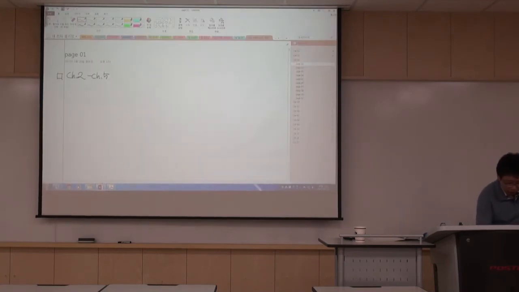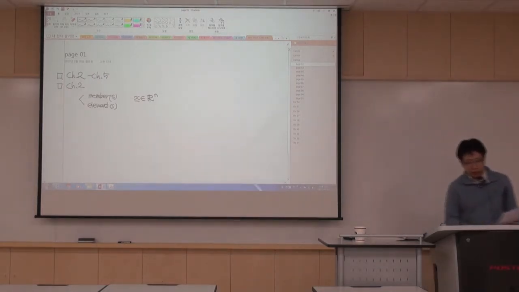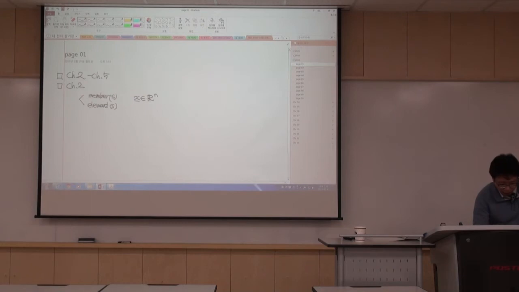But anyway, in chapter 2, you have to know the difference between member and element. Are they different? Actually, they are the same. It's like x is a member of R to the n, or x is an element of R to the n. But suppose you have a vector x, then you want to say the ith something.